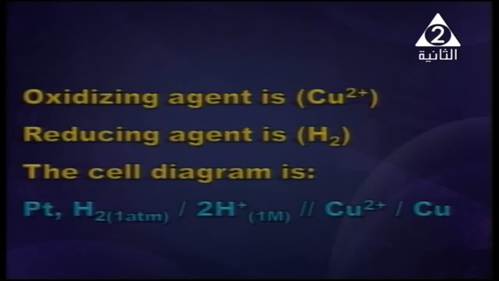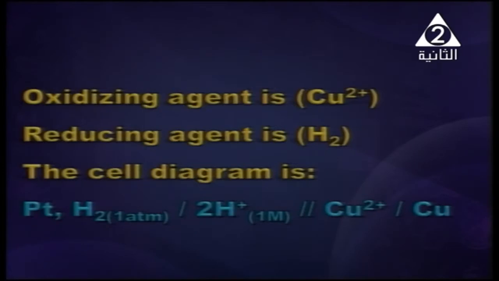Oxidizing agent is Cu positive 2. Why? Because it gains 2 electrons during this reaction, while a reducing agent is H2 because it loses 2 electrons during this reaction.